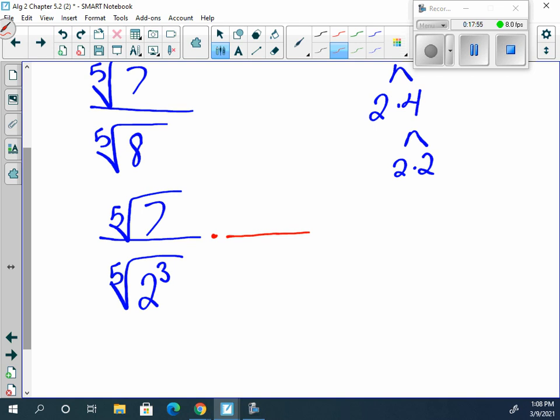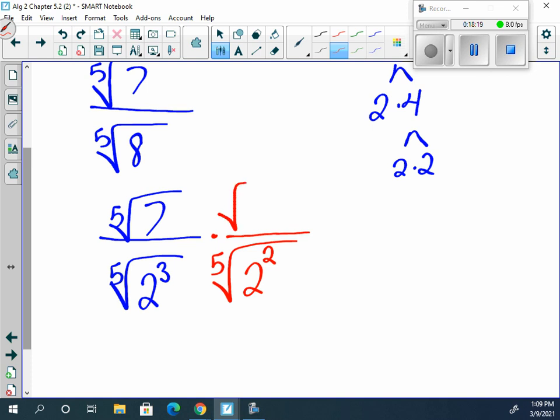So what could I multiply 2 to the 3rd by to get 2 to the 5th? We would take the 5th root, because as long as the roots are the same, we can multiply what's inside. Well, 2 to the 3rd times 2 squared would give me 2 to the 5th, yes?